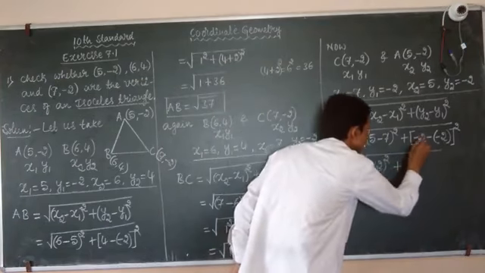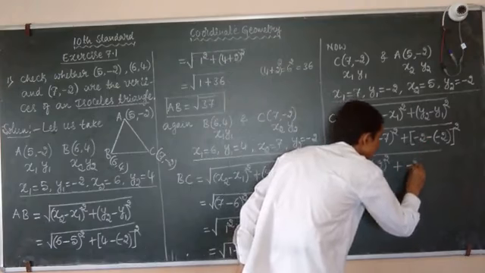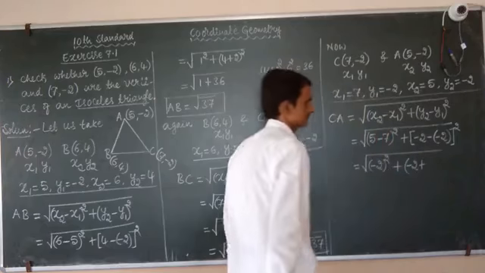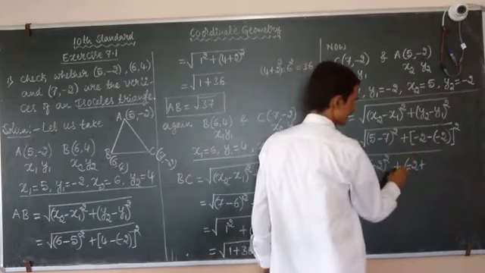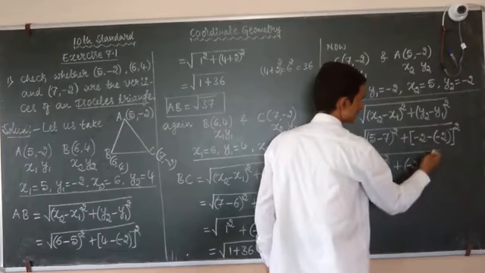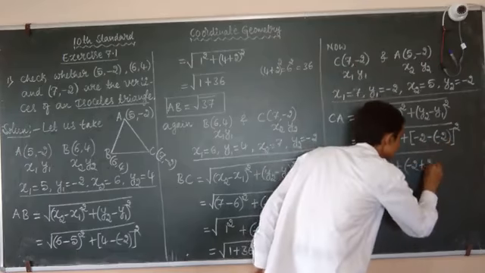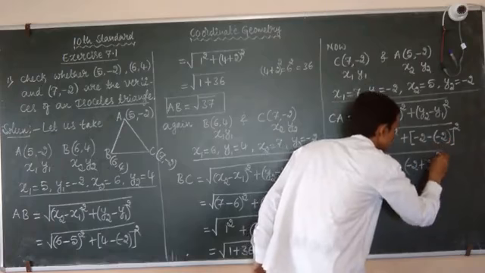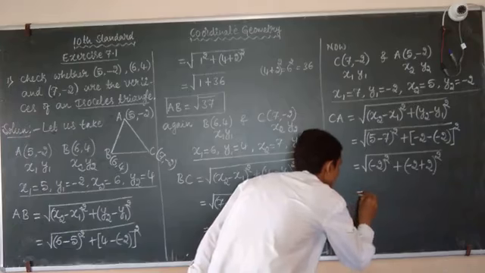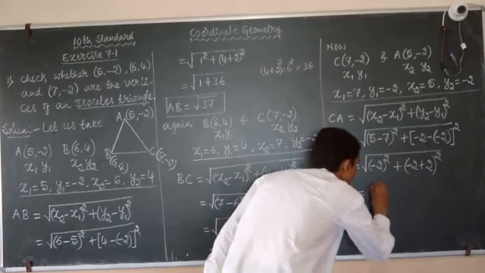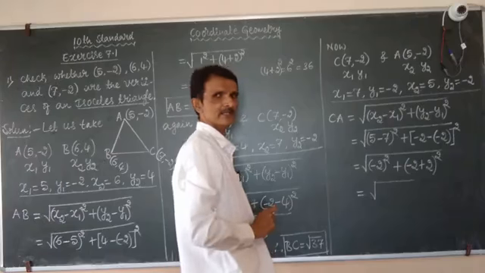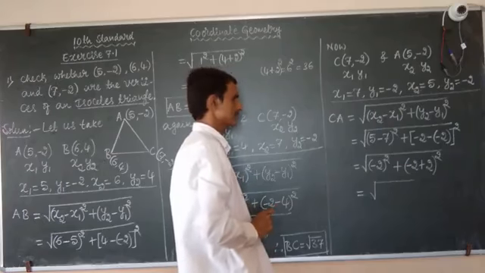Plus, minus 2, write the minus 2 as it is. Minus into minus is plus. Observe here, I have written minus 2, and multiplying the signs, minus into minus is plus. So it will be 2 whole square. Equals root of, minus 2 into minus 2, what does it become?